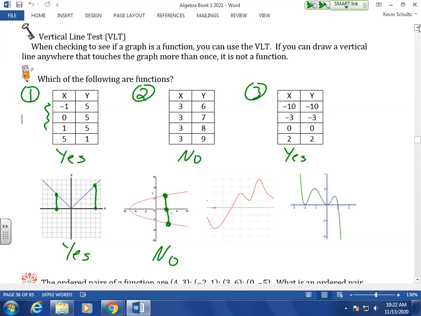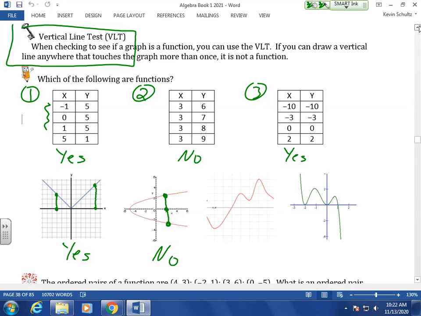And this key point up here, where we talk about the VLT, that stands for the vertical line test. The vertical line test says that if you can draw a vertical line anywhere that touches the graph more than once, kind of like we did here, it's not a function.